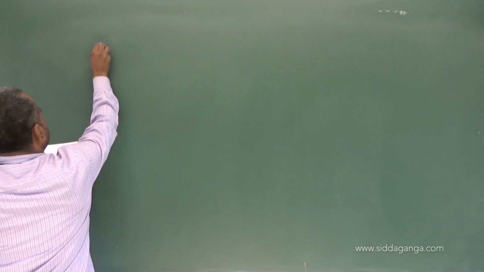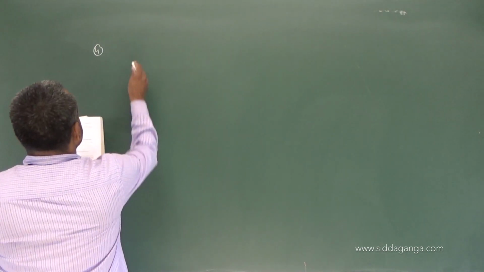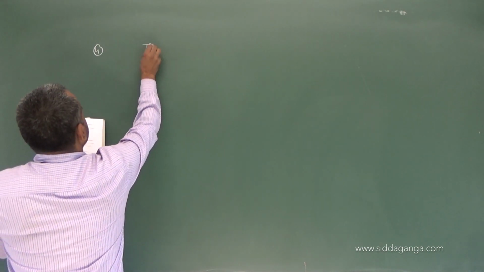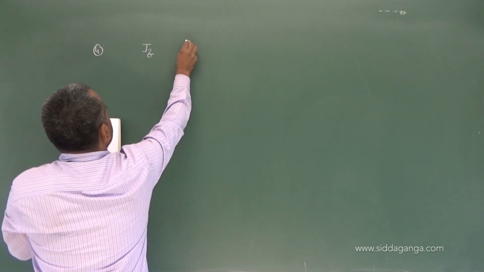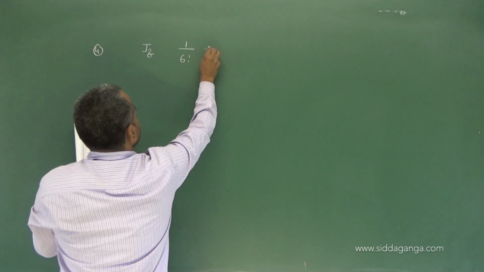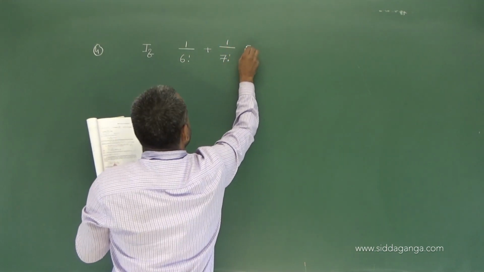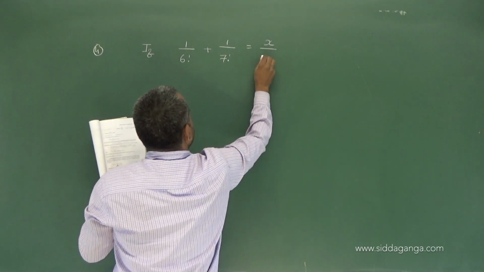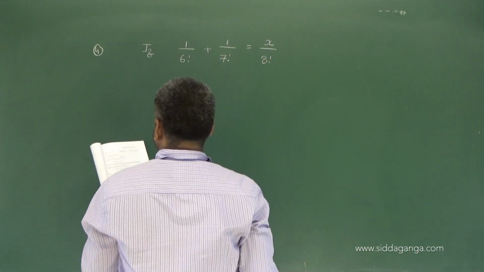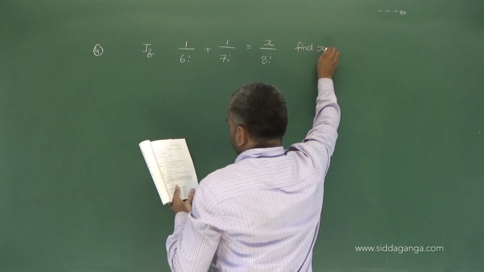Fourth problem. If 1 by 6 factorial plus 1 by 7 factorial is equal to x by 8 factorial, find x.